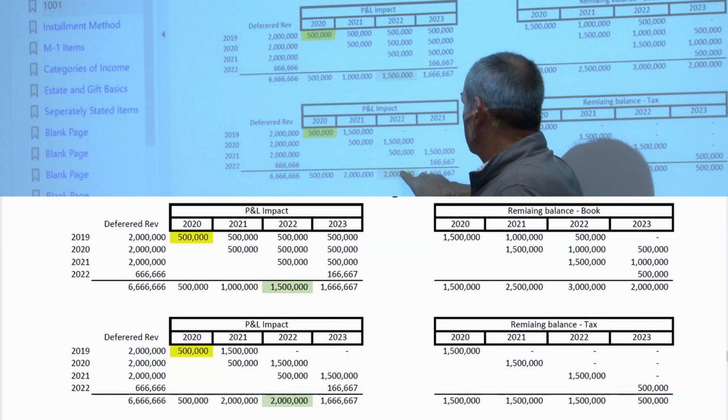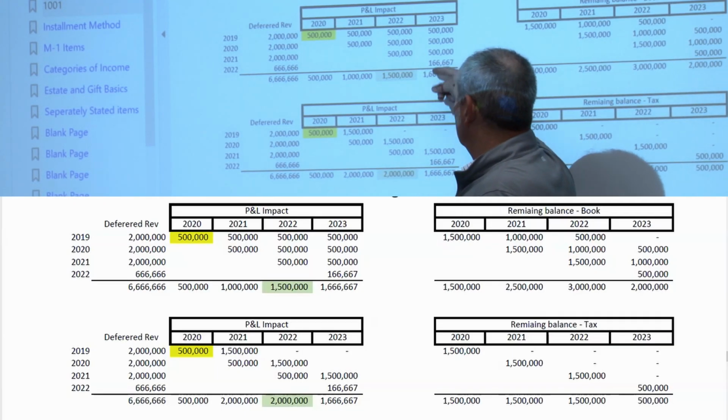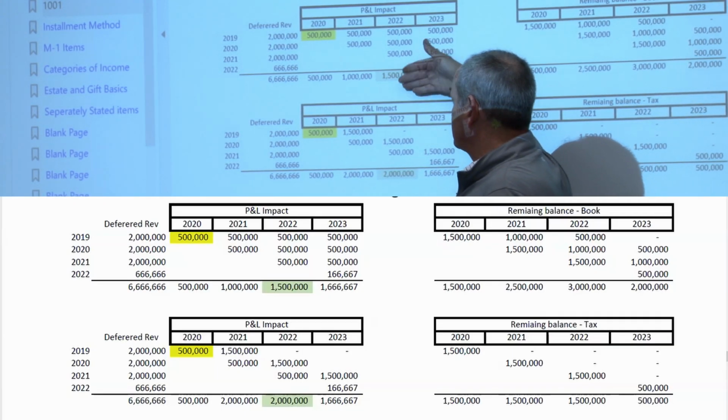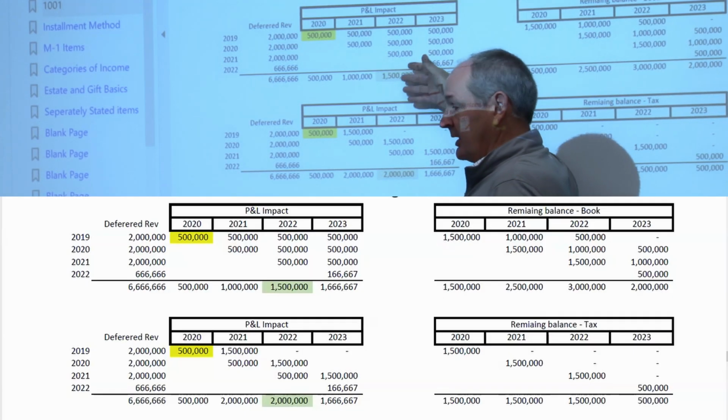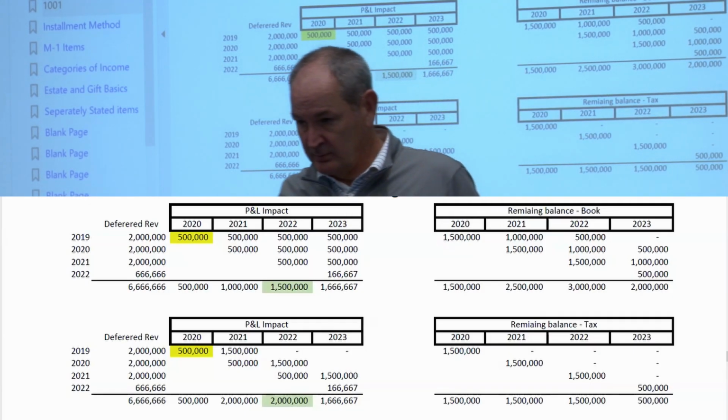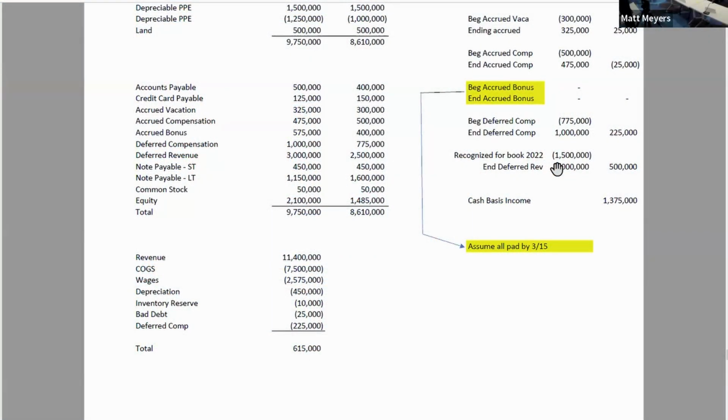For GAAP, I have 3 tranches that are being run out for $1.5 million. And God willing, I hope that ties out to what my M1 schedule says. I got $1.5 million that I recognize for GAAP because I got to back out my GAAP treatment.